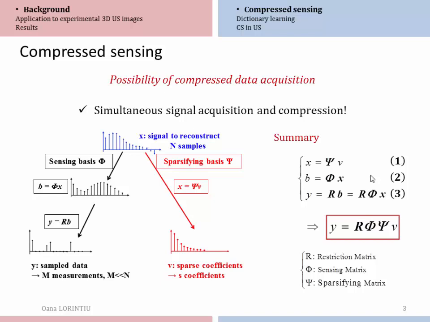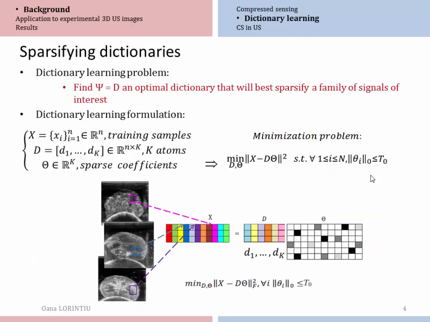We are interested in learning sparsifying dictionaries, because in this case psi will be a dictionary that is optimal and will best sparsify the family of signals that interest us. The dictionary learning problem is given here, and X is our training sample. These will be patches coming from different volumes and different types of organs of 3D ultrasound volumes.